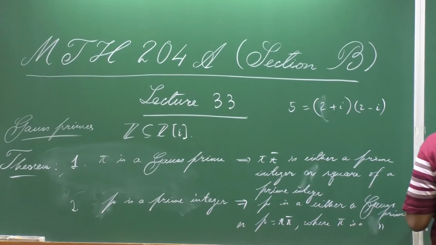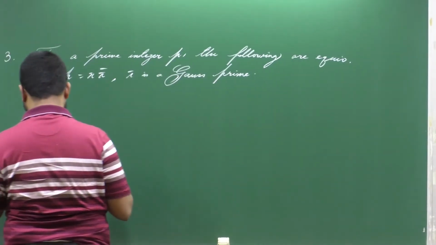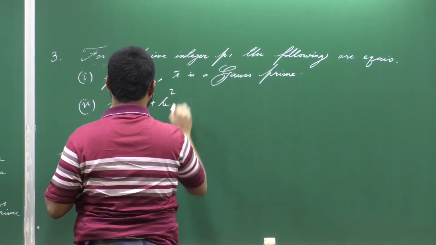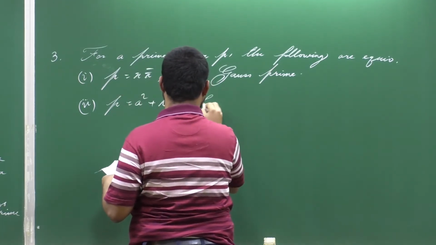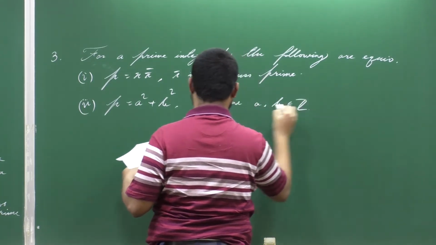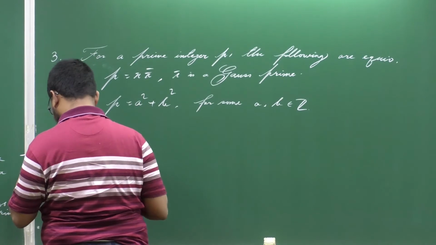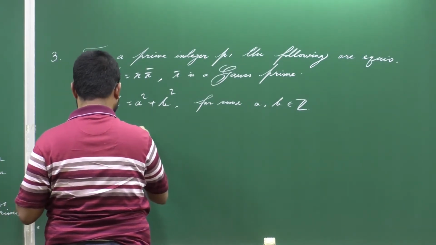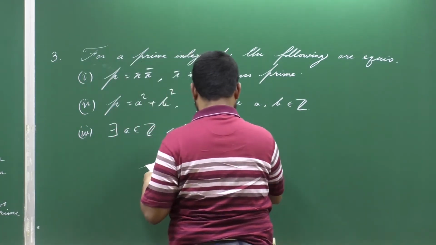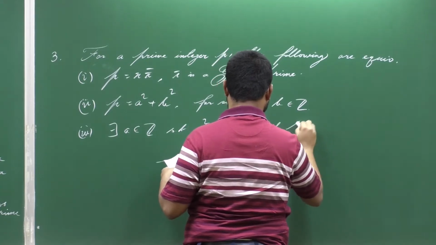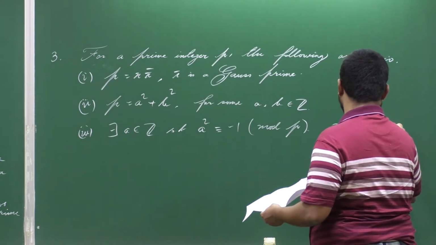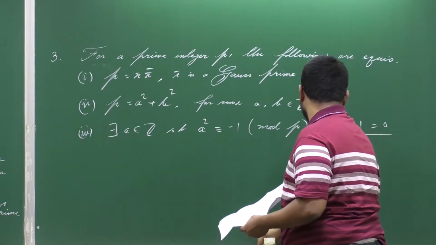First, p is the product of a Gauss prime with its complex conjugate. Second, p is of the form a squared plus b squared for some a and b. Third, there exists a in Z so that a squared is congruent to −1 modulo p, or in other words x squared plus 1 equals 0 has a solution in Z modulo p.